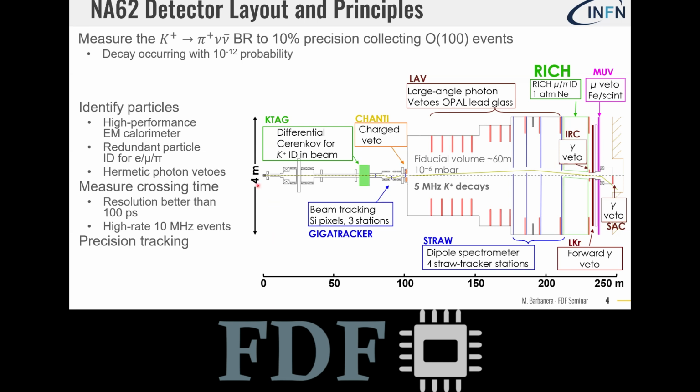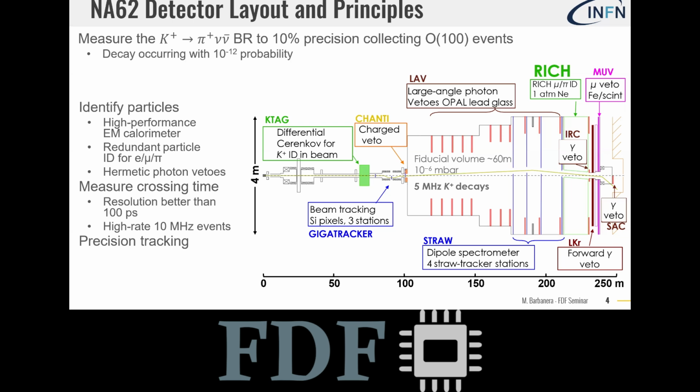And the idea is that the SPS particles are accelerated here, and then here they hit a fixed target and produce some secondary particles that can decay in this fiducial zone. And the detectors in this zone have 3 main tasks, which are the particle identification, which is actually very redundant.